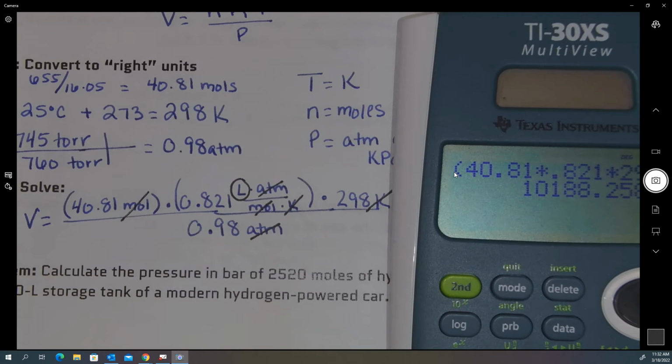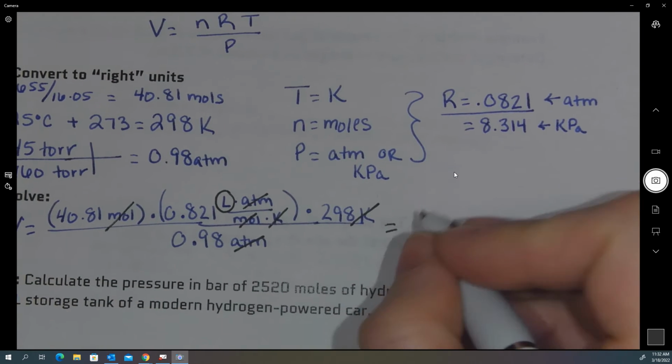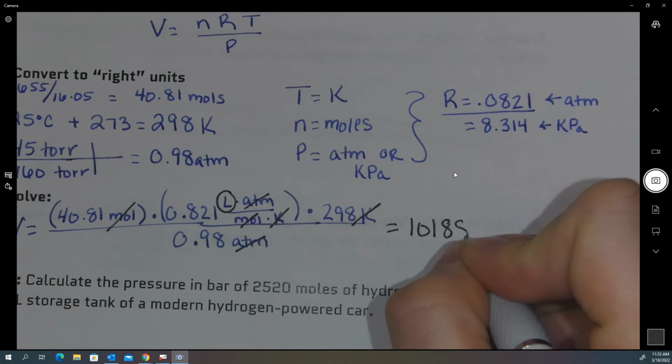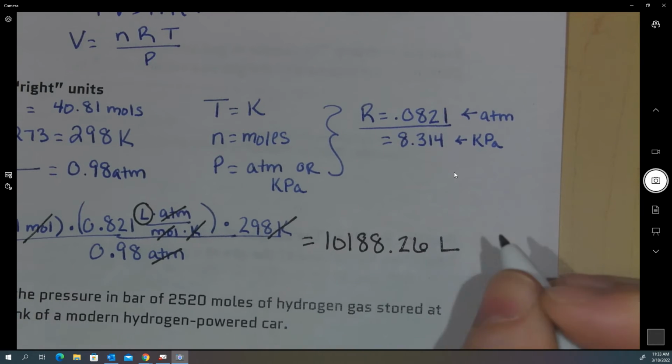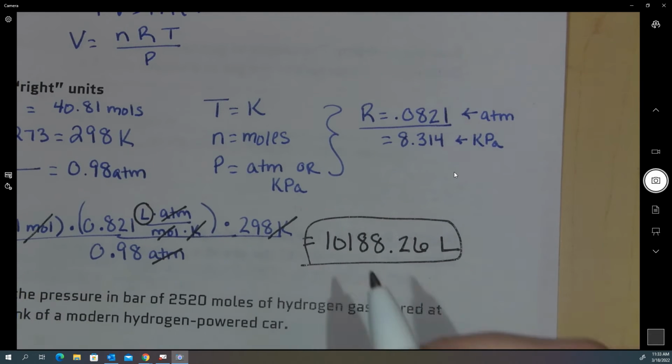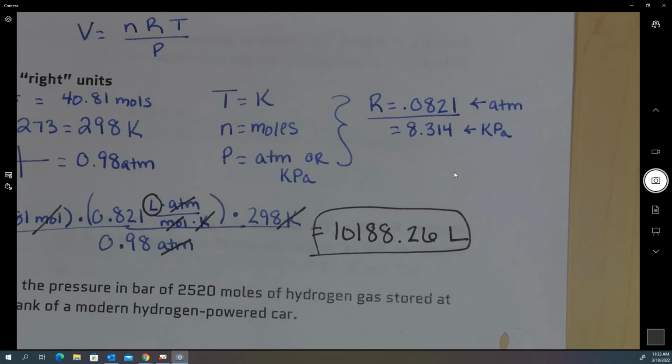And I get an answer of 10188.26. Our unit is going to be liters. So that is how many liters that gas would take up.